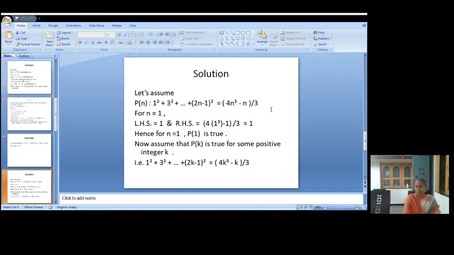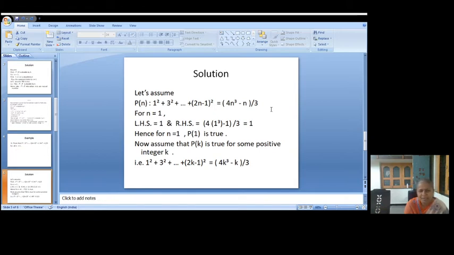Now here 1 cube value is 1 only, and therefore 4 into 1 is equal to 4. 4 minus 1 is 3, and 3 divided by 3 equals 1, and hence we get RHS equal to 1, and thus we get LHS equal to RHS. Therefore for n equal to 1 we get the value of LHS and RHS as the same, that is 1, and hence we say that P of 1 is true.